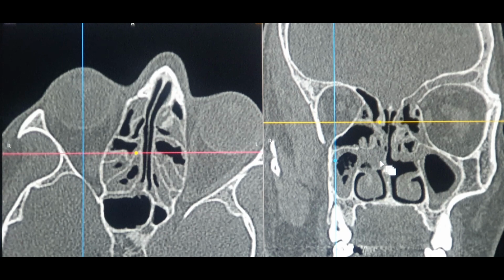This is the area where my middle turbinate has a proper lateral bend and attaches itself to the lamina papyracea. The middle portion of the middle turbinate will always have the attachment to the lamina papyracea, and that is what we call the ground lamella. So that's the ground lamella for you guys.